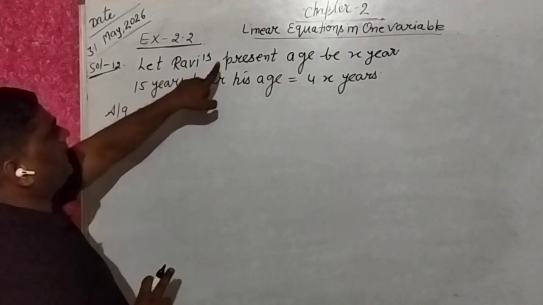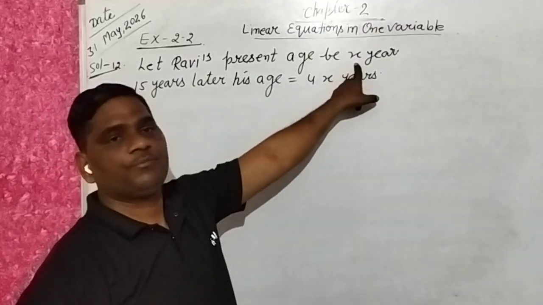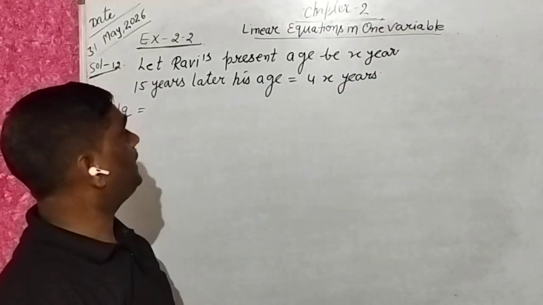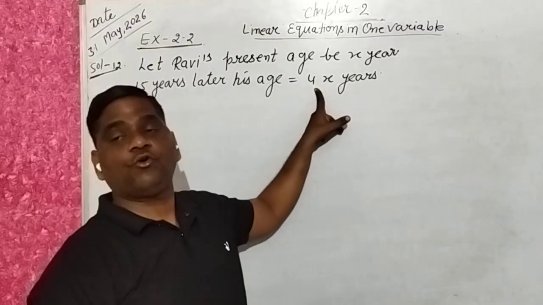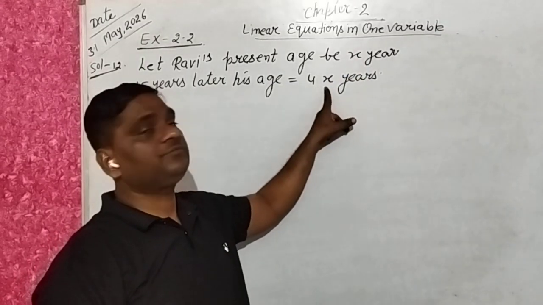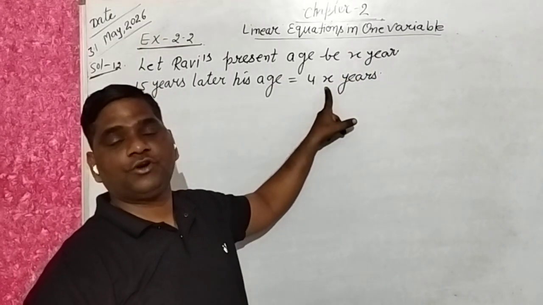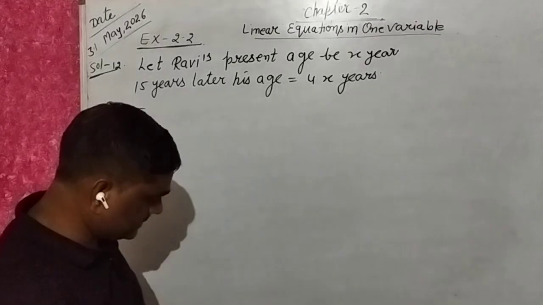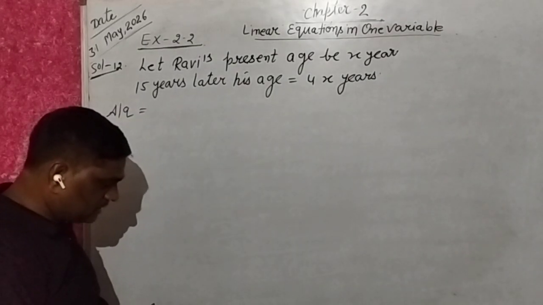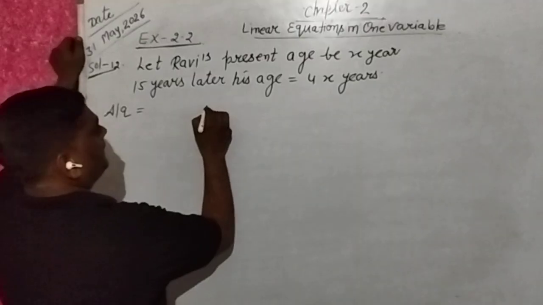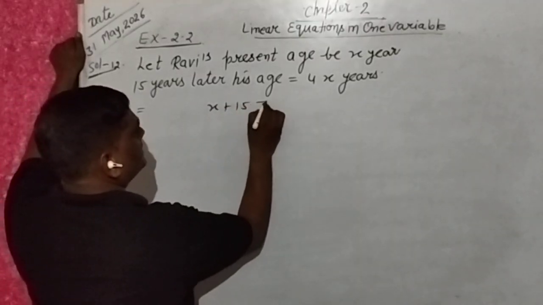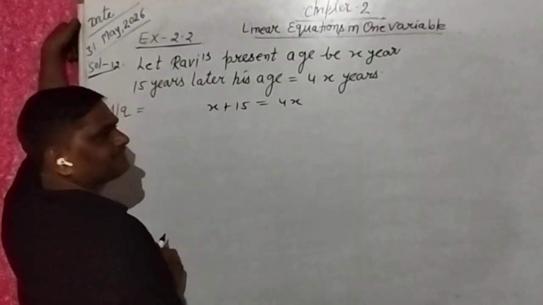First of all, let Ravi's present age be x years, and 15 years later his age is 4 times, 4x. Then x plus 15 is equal to 4x.